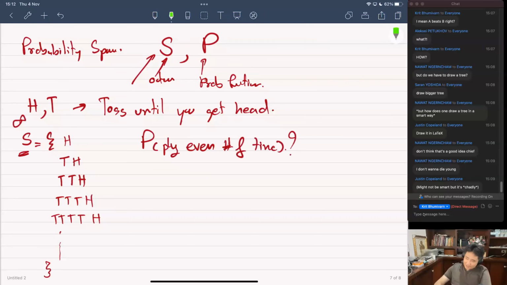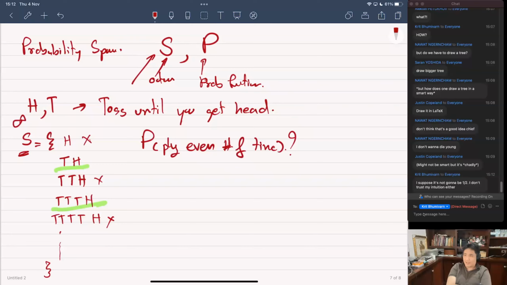So that means this one counts, that one counts, not this one, not that one, not that one. Okay, so what should we do though? How should we approach this kind of thing? What else do we need besides the sample space?